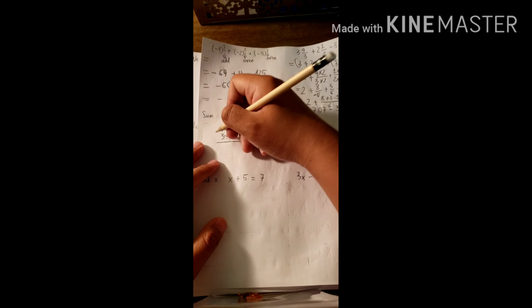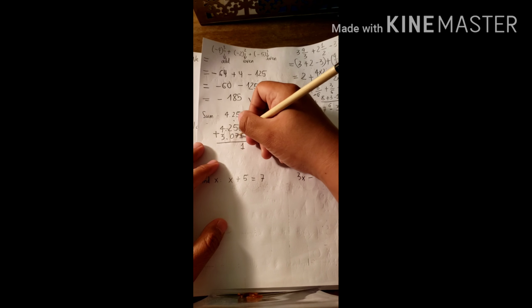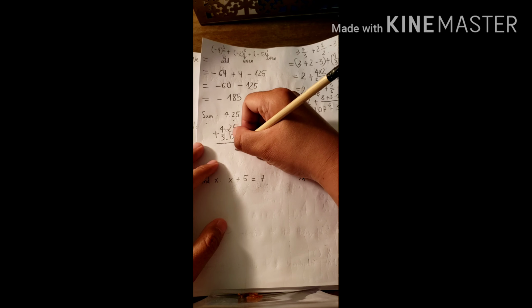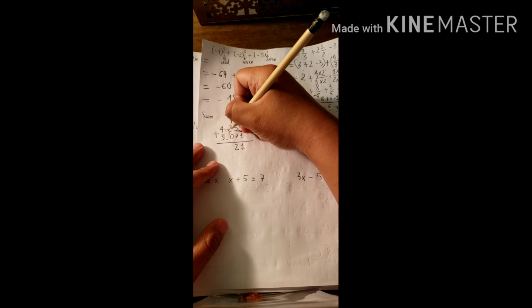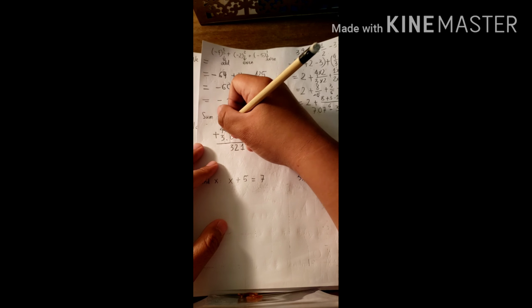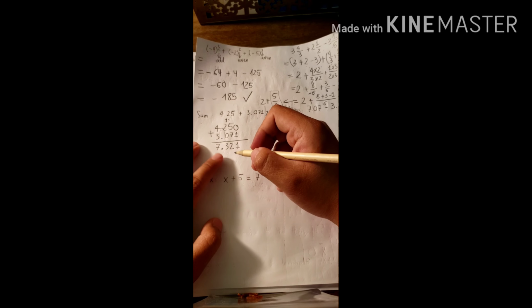So let's begin. 1 plus 0 is about 1. 7 plus 5 is about 12. We have 2 and we have number 1 in here. So 2 plus 1 is 3. 4 plus 3 is 7. So we have the answer key in here.